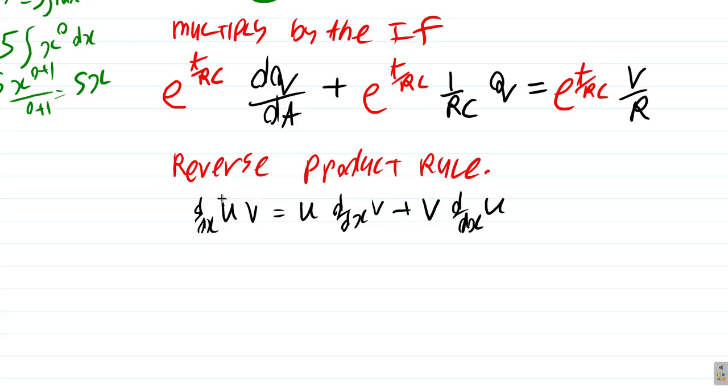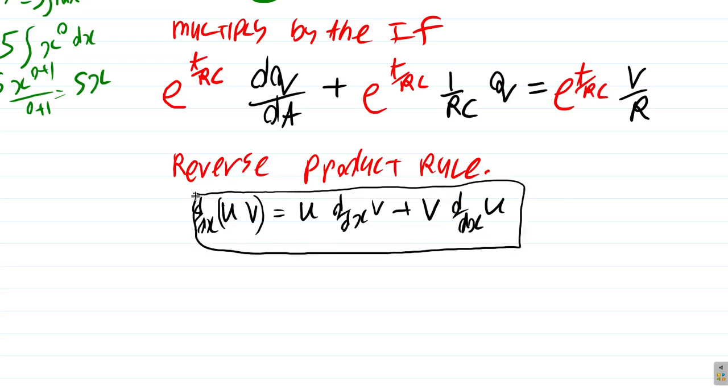Alright, so for the derivative of the product of two functions of x, you hold one as it is, multiply by the derivative of the other, plus the one you just differentiated, you hold it as it is, times the derivative of the other that you held before. So this is the product rule. You remember that.